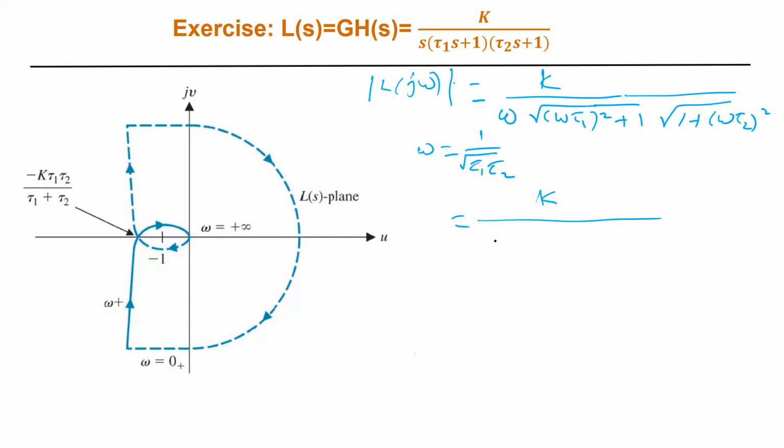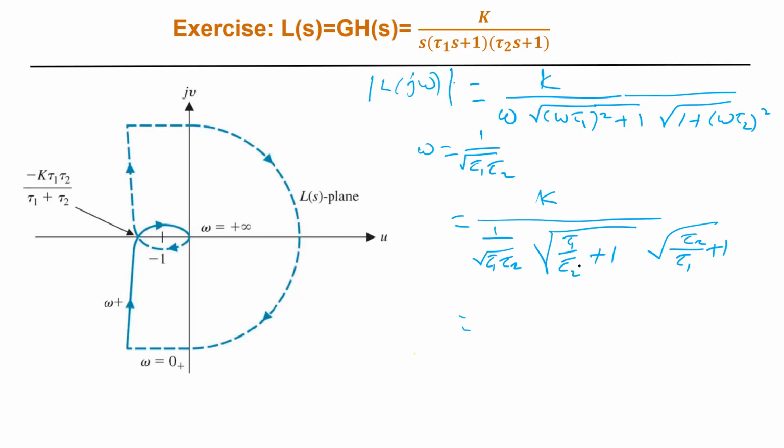K over 1 over root of tau 1 tau 2, root of, now this is omega tau 1 the whole thing square, so it will be tau 1 over tau 2 plus 1, root of the same, but tau 2 over tau 1 plus 1.